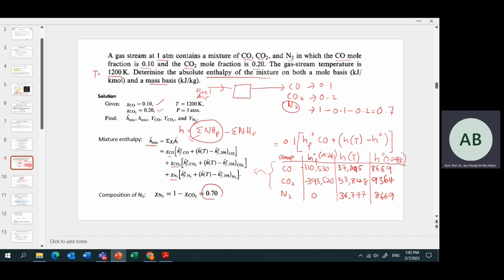Just use the info that we get from the table, plug it into this equation. Try to calculate.